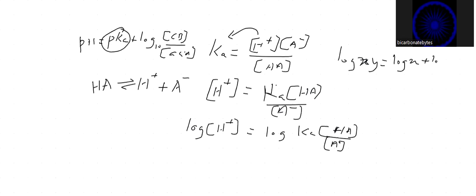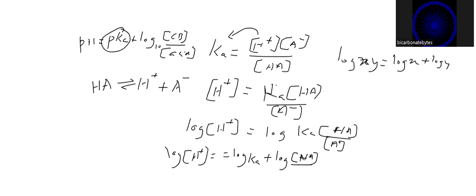By that logic, here log H plus is equal to log Ka plus log HA by A minus. It's as simple as that. Now we'll take negative on both the sides.